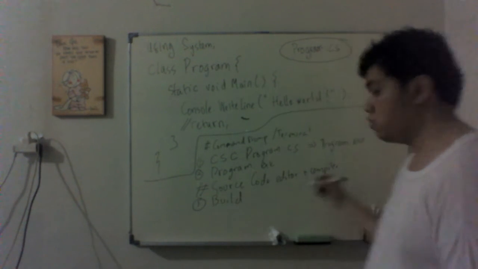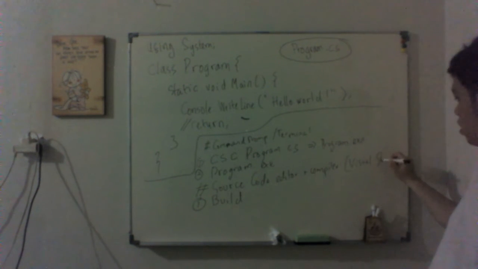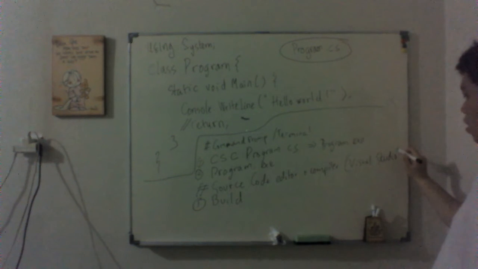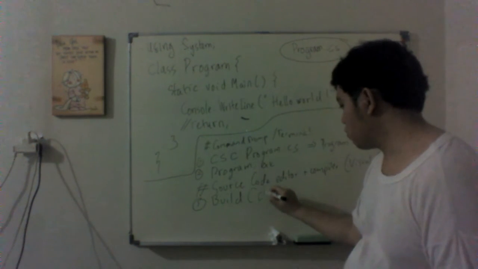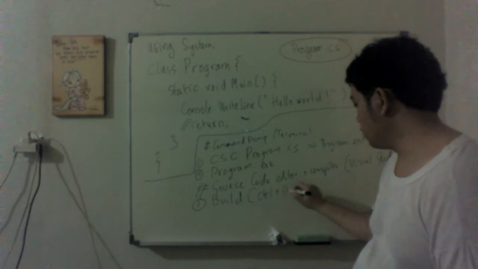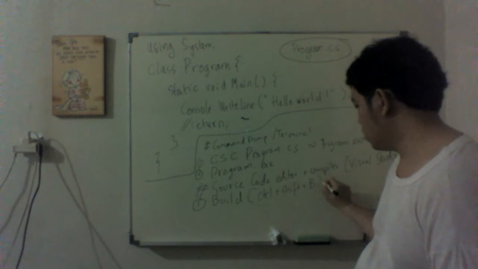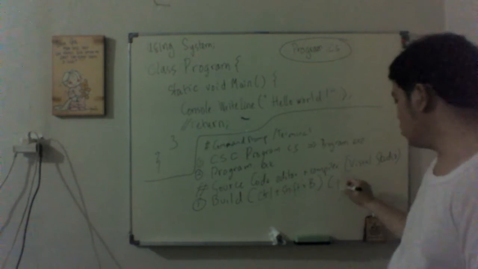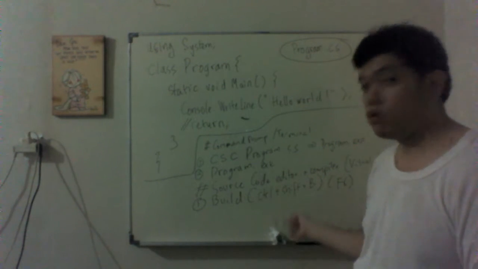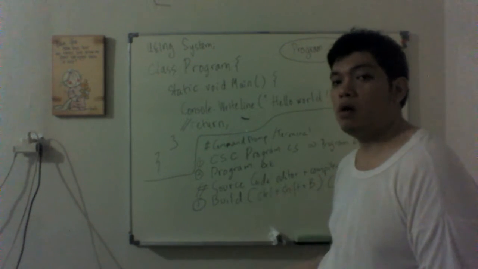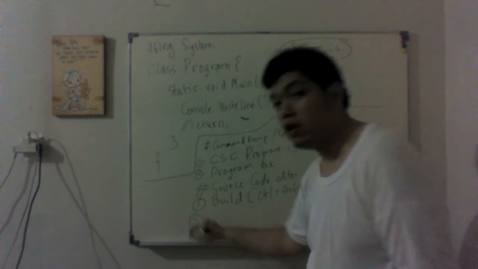I'm going to use Visual Studio as an example here. Using Visual Studio, you build it. Normally you press Control plus Shift plus B, or maybe F6, I don't know this by heart. Normally Control Shift B will do the compilation, the build, and produce the executable.